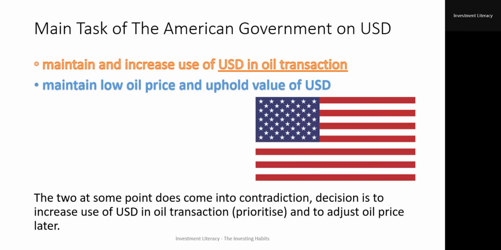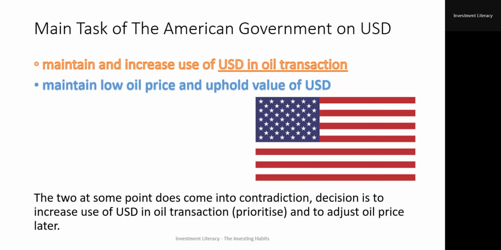And the two at some point do come into contradiction. And when they do, the priority is to increase the use of US dollars in oil transactions and international trades.